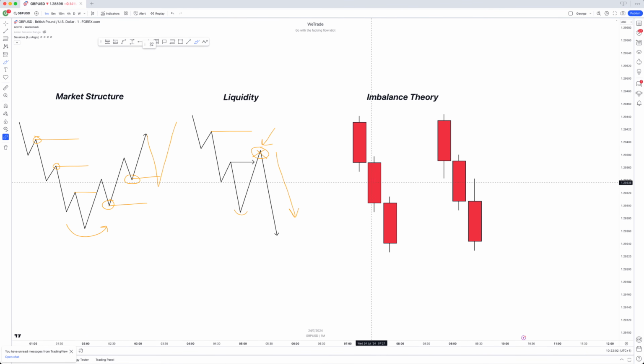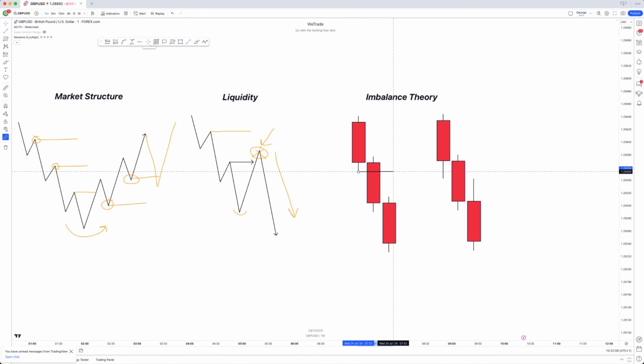So we've got two examples here. The first example is where we would consider an imbalance. Okay, and we can see here what has happened is, so this is what we call a 3-candle formation. Okay, we've got 1 candle, 2 candle, 3 candle.